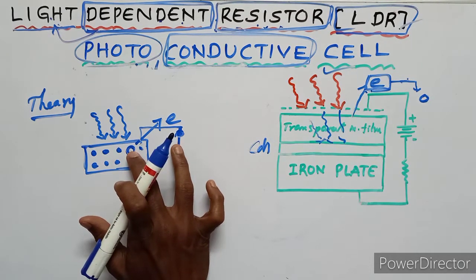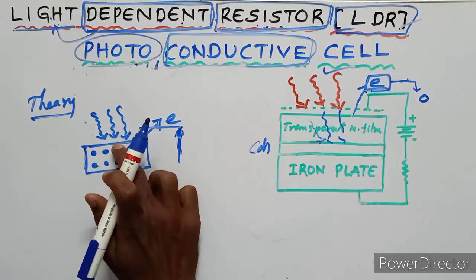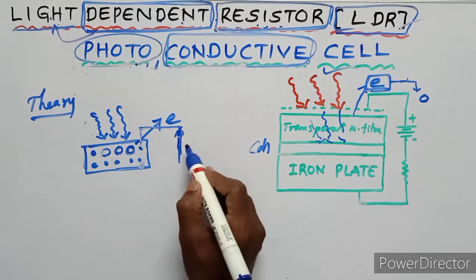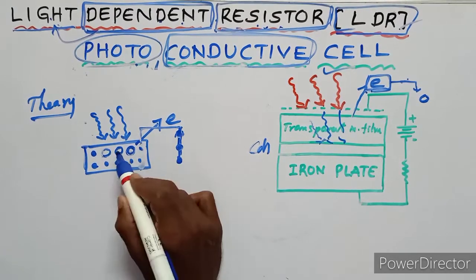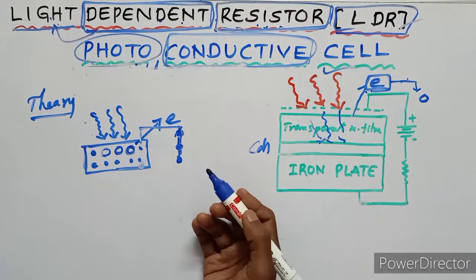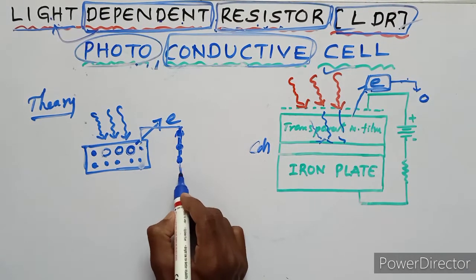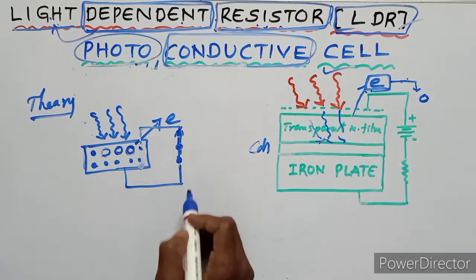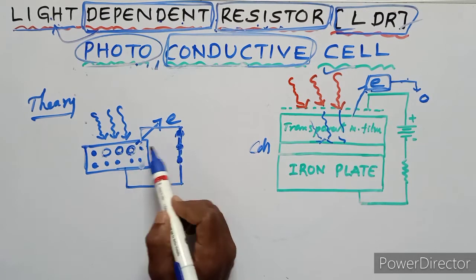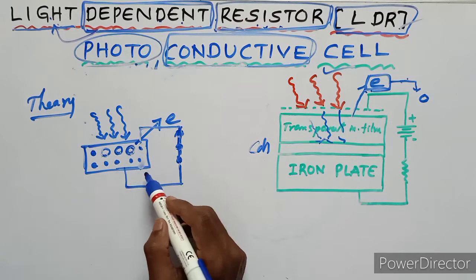This electron-hole pair moves as current carriers. So another electron is emitted, a hole is created. Another electron is emitted, a hole is created. So these pairs, hole and electron, positive and negative, positive and negative, then carry current easily. So current carriers carry current easily. Then the conductivity is increasing.